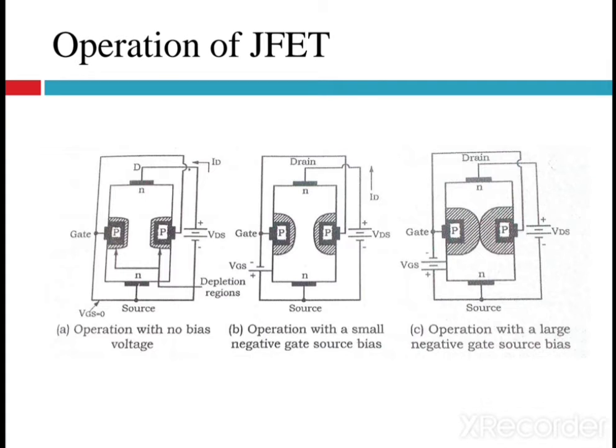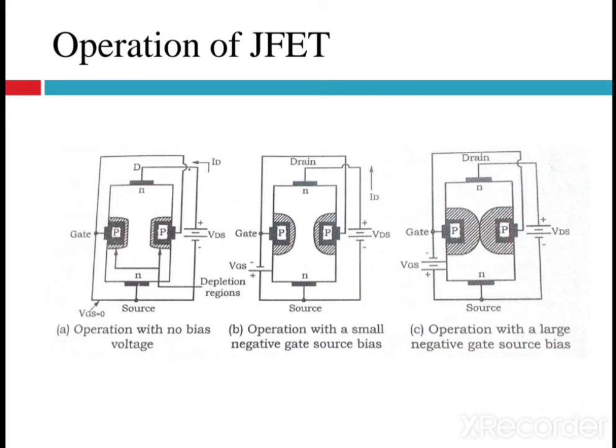Due to the reduced channel width, fewer electrons can pass through the channel, which means less current can pass from source to drain, and therefore the drain current ID reduces as negative VGS increases.